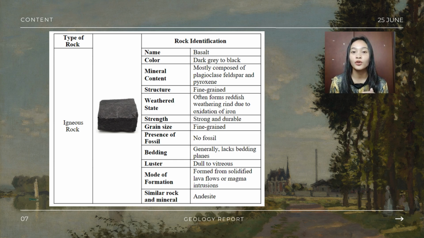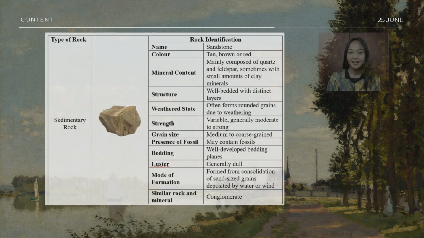Known for its strength and durability, basalt lacks bedding, plants, and fossils, and has a dull to vitreous luster. It is formed from solidified lava flow or magma intrusion. A similar rock is andesite, which also has a fine-grained texture and comparable mineral composition.